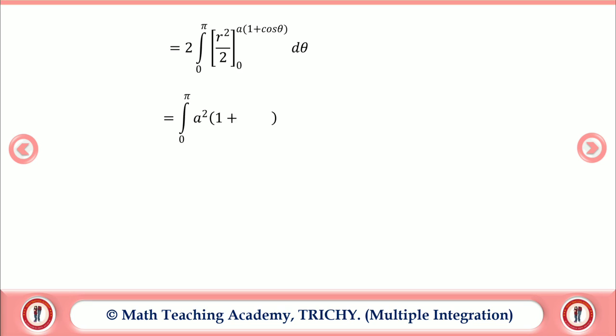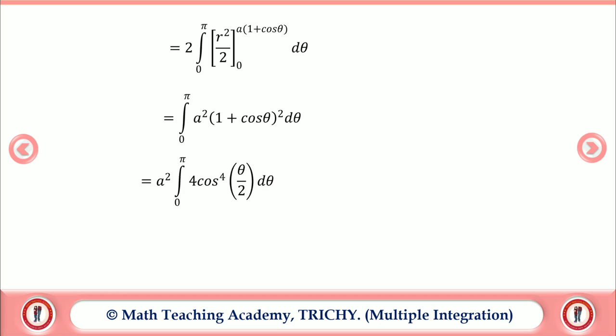So that is equal to integral 0 to pi of a squared into (1 plus cos theta) whole squared d theta. Here the 2 in the numerator and the denominator cancel. So that is equal to a squared into integral 0 to pi, and (1 plus cos theta) whole squared can be written as 4 cos to the power 4 of theta by 2 into d theta, because 1 plus cos theta can be written as 2 cos squared theta by 2.